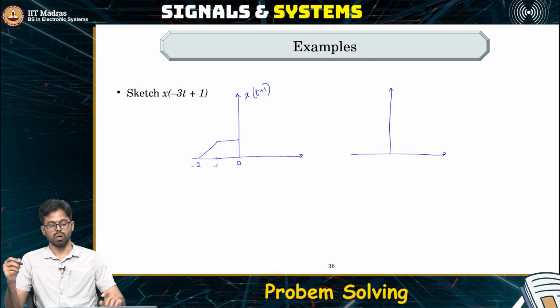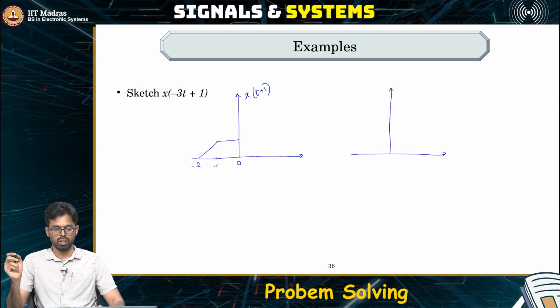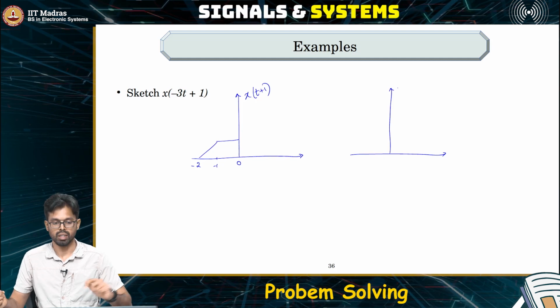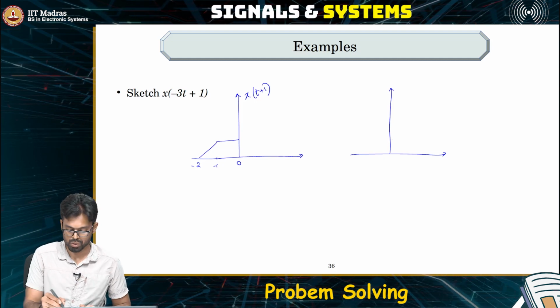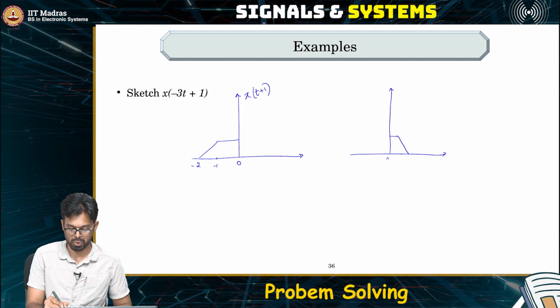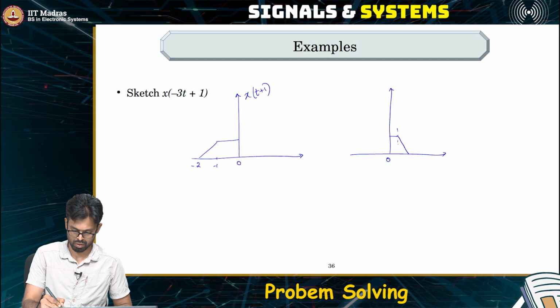The scaling is by minus 3, which means the magnitude is greater than 1, so you have to squish it, but then there is a negative, which means you have to flip, so you flip it first, okay. It's always about 0.